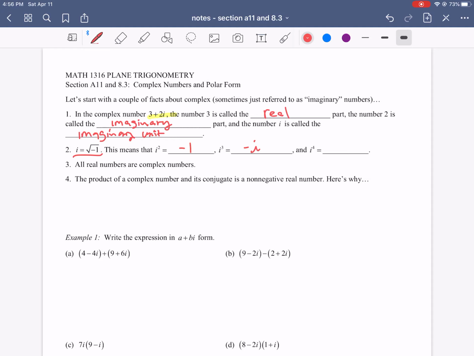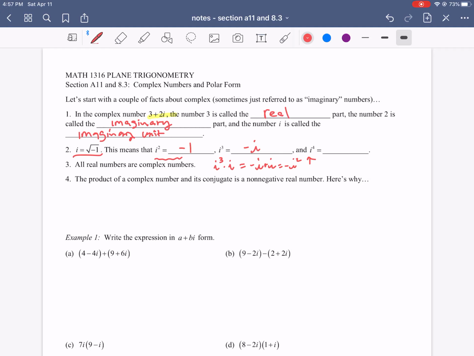And then, if you were to take that equation and multiply both sides by i, then what you would end up with is i to the third times i is equal to -i times i. Well, i cubed times i is going to give you i to the fourth, and then -i times i is going to give you -i squared, and we know that back over here, i squared is equal to -1.